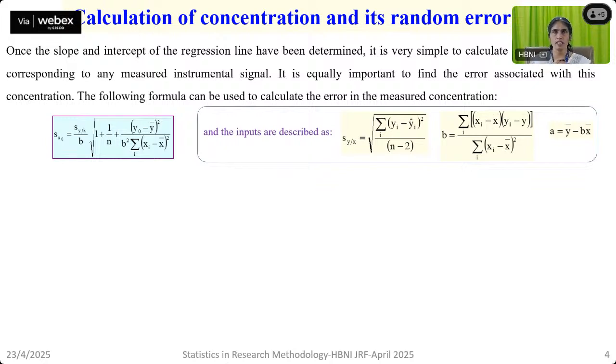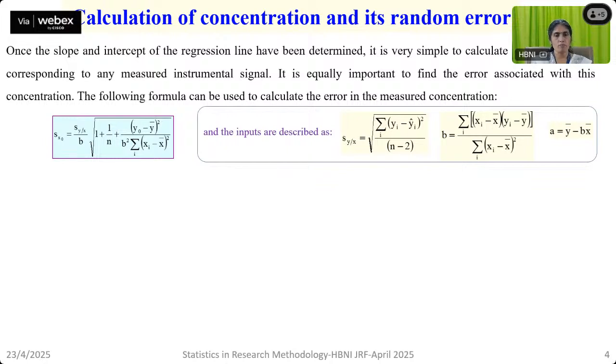For example, if you get a signal of Y0, you can calculate the concentration just by subtracting the intercept and dividing that result by the slope. Y0 minus A by B. That will be the concentration of the unknown sample.